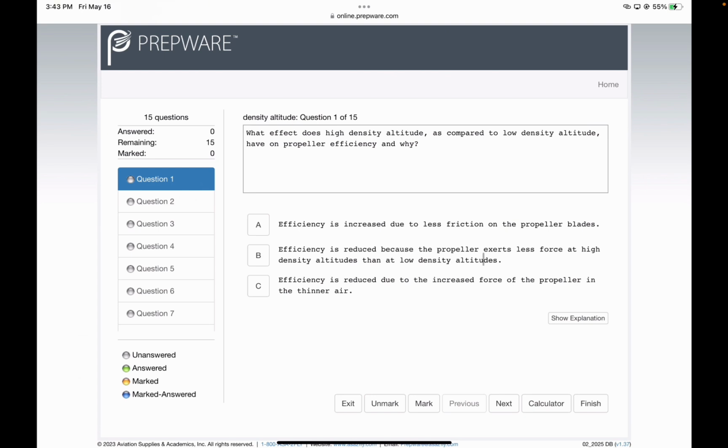That's one option. Second option, efficiency is reduced due to the increased force of the propeller in thinner air. If you had thinner air, would your force increase? I don't think so. The answer is B.